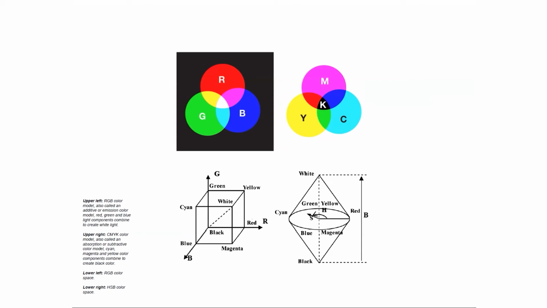This you use for printing, everything that is printed on paper. The light is reflected off the pigments, and the pigments absorb all the wavelengths except the ones that you see, and that's why when they mix, you get darker tones. In the computer, you can also work with this color model, even though it is basically used only for printing. And there are some other color models as well.